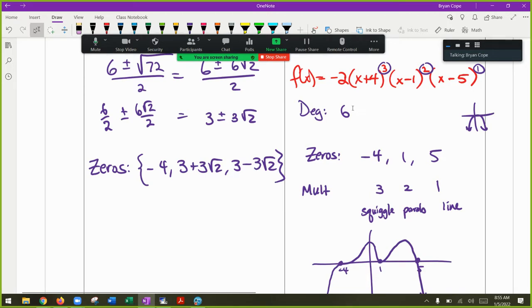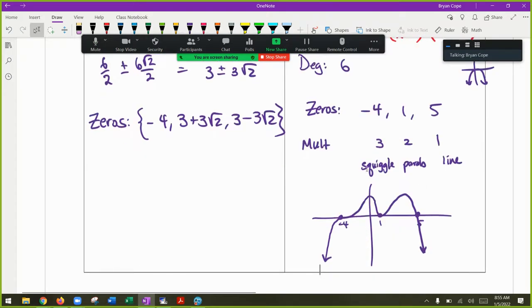I wrote the degree is 6, and I noticed a negative leading coefficient, which means on the ends it's going to open down. I listed my zeros, -4, 1, and 5, and I listed my multiplicities that went with them. So we know we have a squiggle at -4, a parabola at 1, and a line at 5.